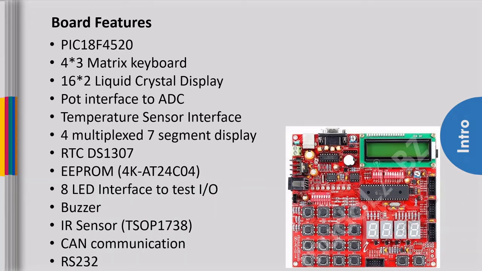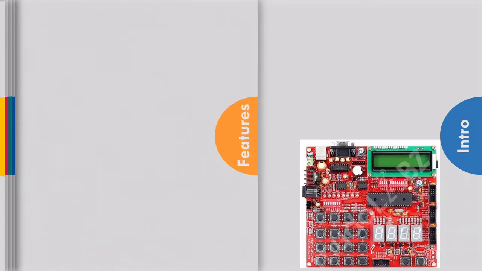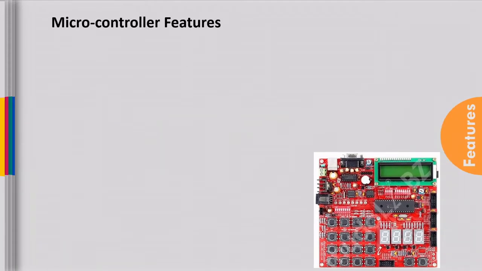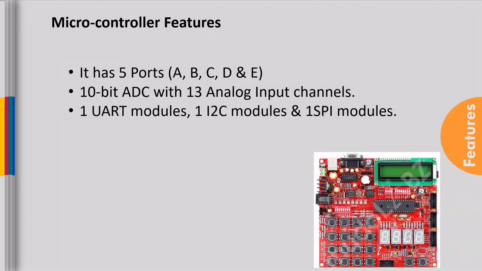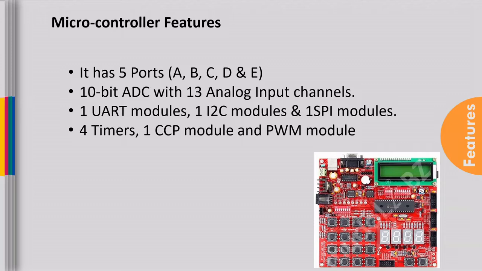Now we will see the different features of your PIC18F4520 microcontroller. First of all, this PIC18F4520 microcontroller has 5 ports: A, B, C, D and E. It also comes with a 10-bit ADC with 13 analog input channels. It has one UART module, one I2C module and one SPI module. It also comes with 4 timers, one CCP module and one PWM module.